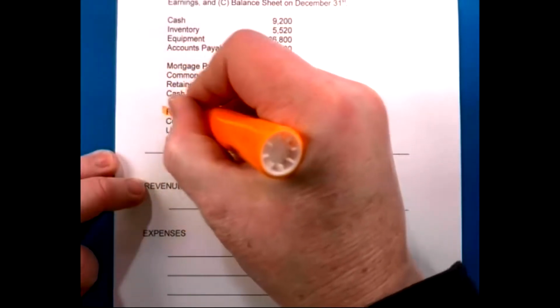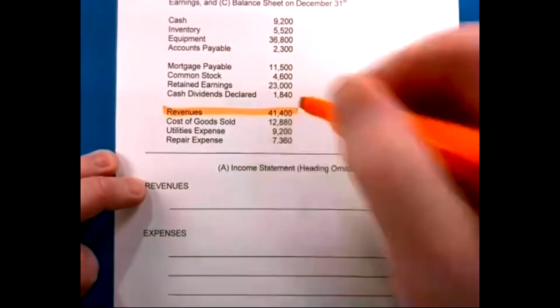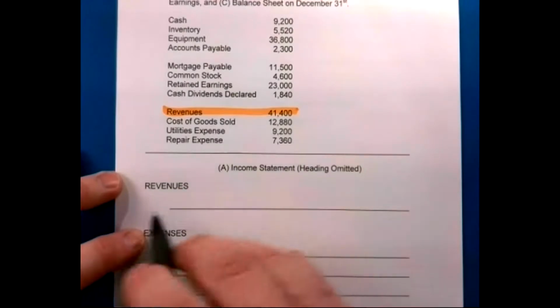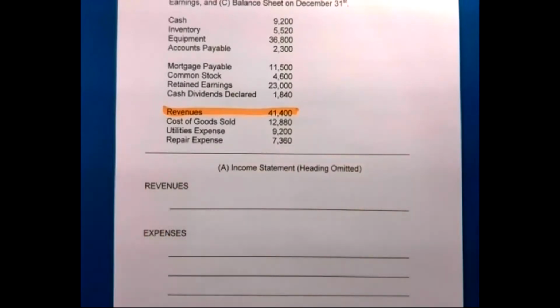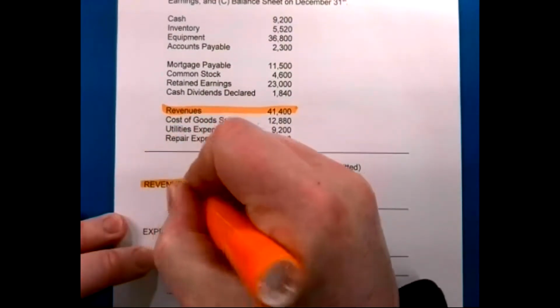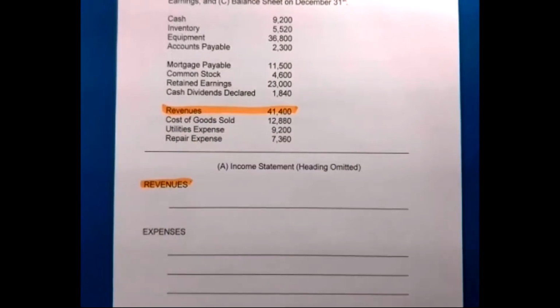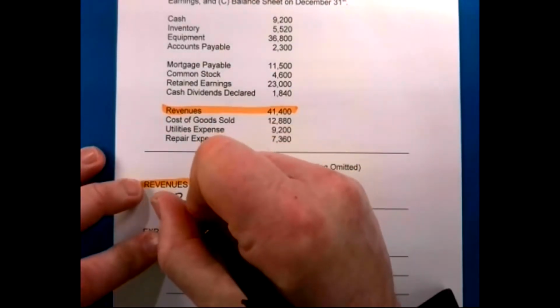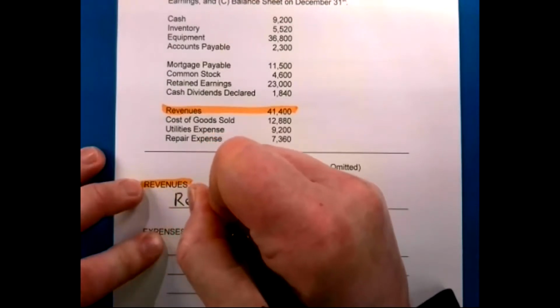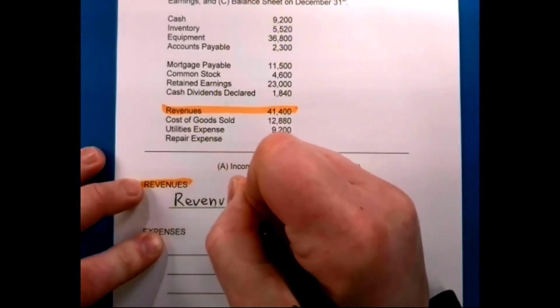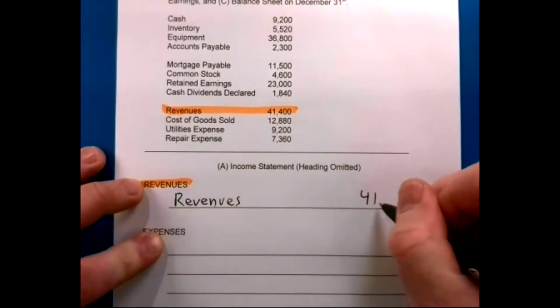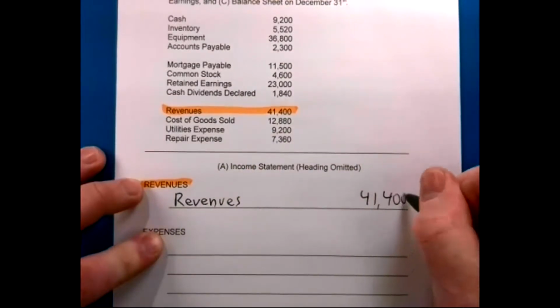So here's the revenues. Revenues are 41,400.